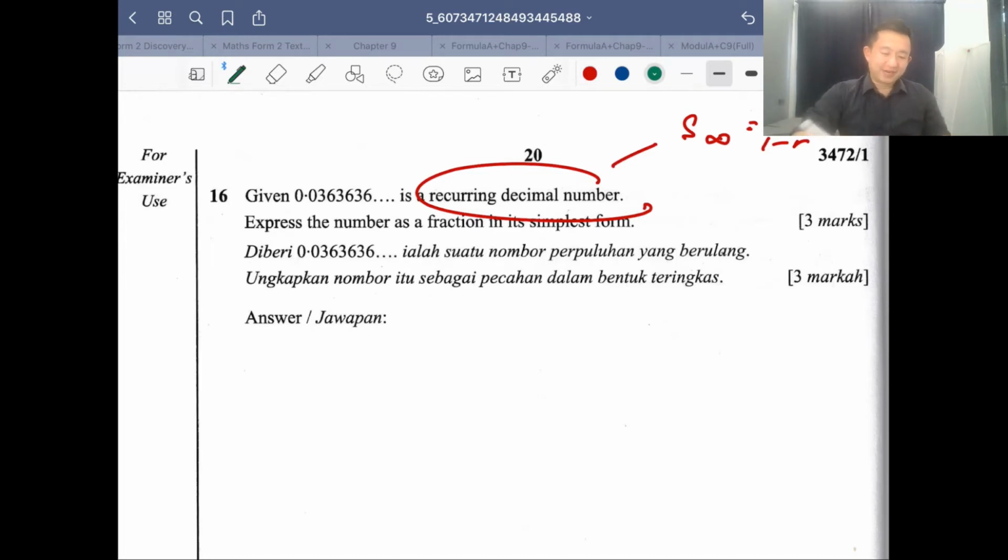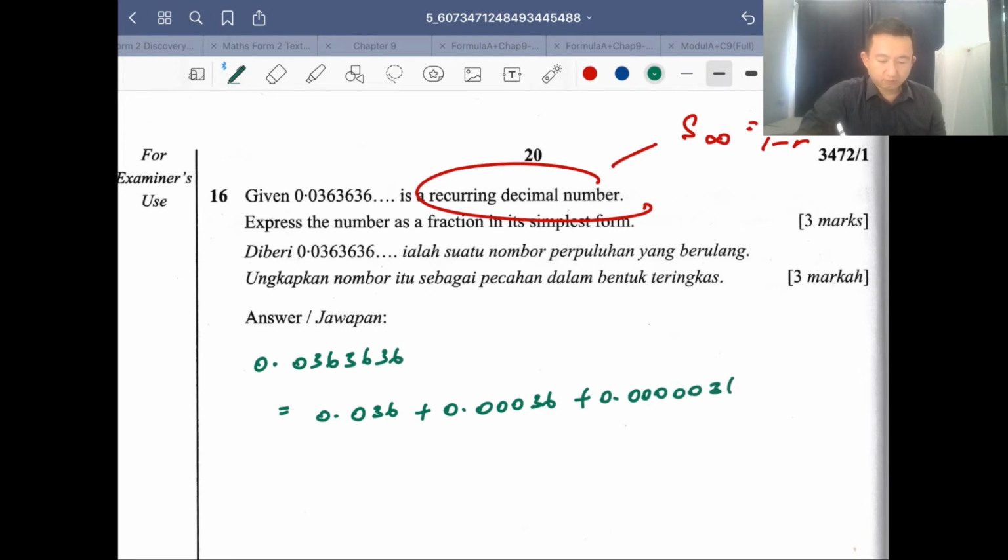So to give you a better understanding, do you agree? The two numbers that will be repeated are 3 and 6. And when you do that, basically this is the sum of a GP to infinity. So you need to find the r in order to use the formula.